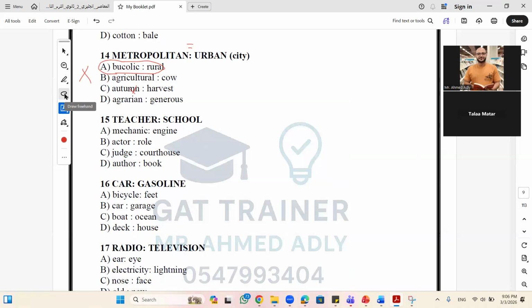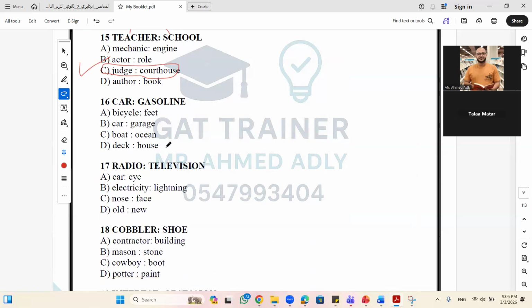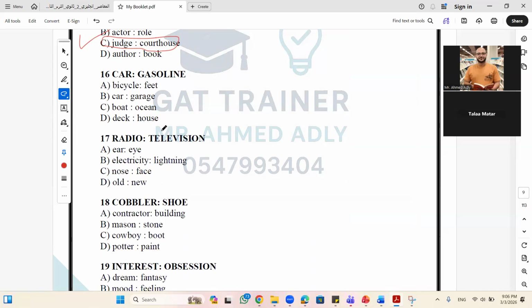Teacher and school is going to be judge and courthouse. Good. This is a place, judge and courthouse. Car and gasoline. Bicycle and feet. Yeah, good job. Don't forget to make sure that the other options do not fit the context here, right?